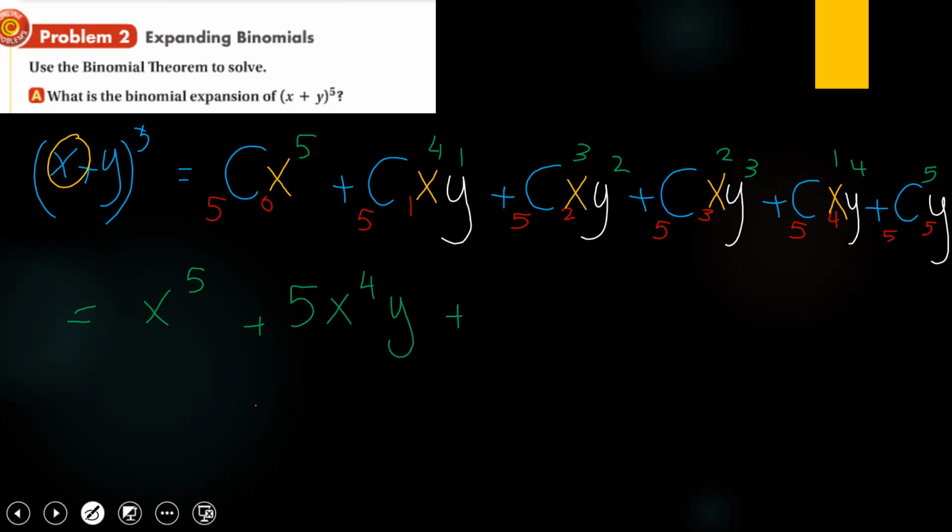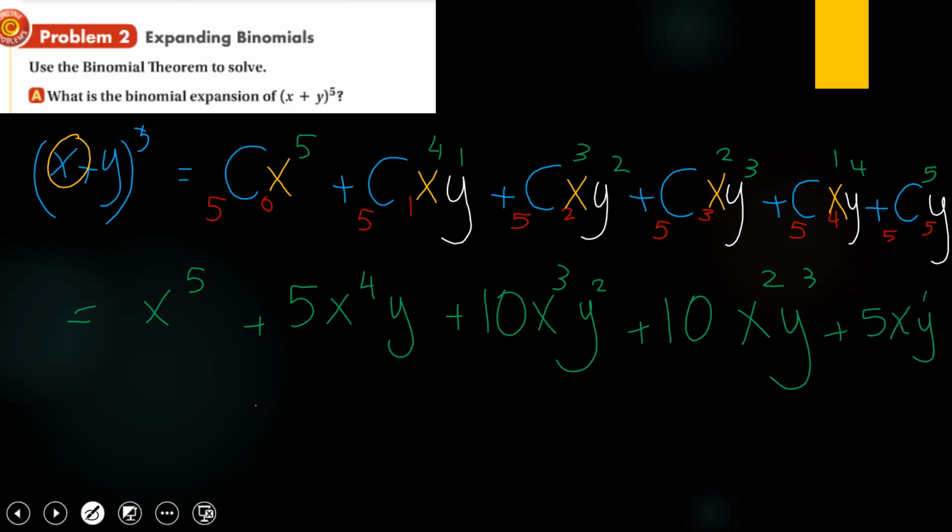Then combination of 2 from 5, which is 10 x cubed y squared, plus combination of 3 from 5, which is also 10 x squared y cubed. Then 4 from 5, which is 5xy to the power 4, plus the last one.